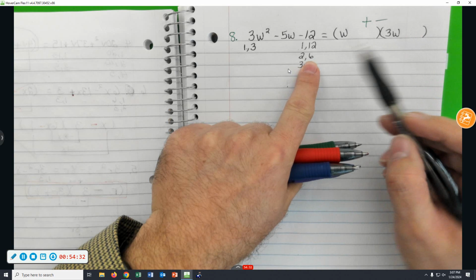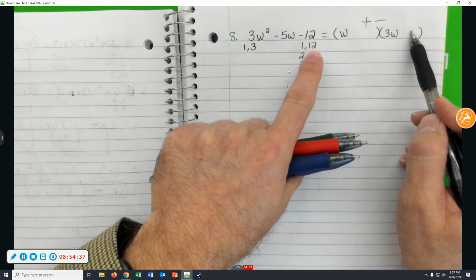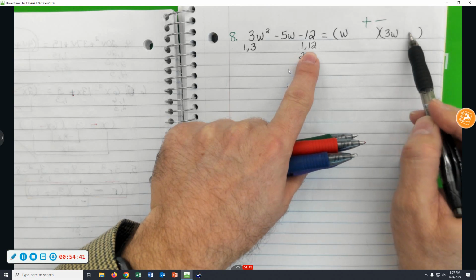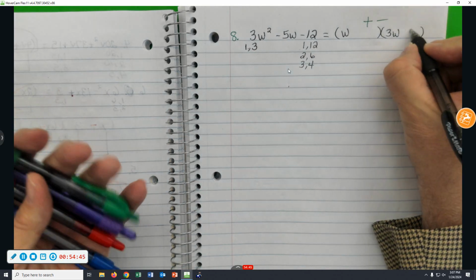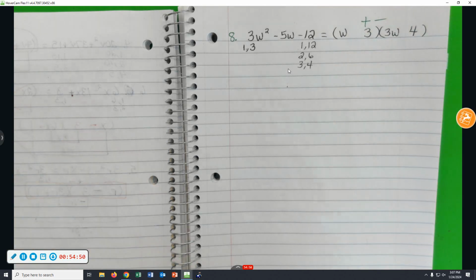If you're going to try the 2 and 6, you can't possibly put the 6 there. You could only put the 2 there. And what about 1 and 12? Could we have put the 12 here? No, common factor. So 4 and 3, I'm going to put the 4 here, the 3 here, and let's see if we can make it work out.